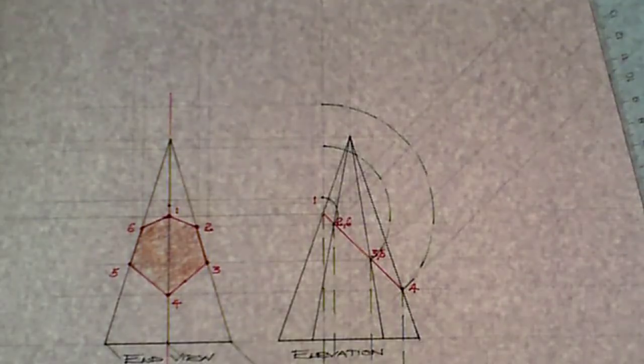Now if I put that in as a grid, again, simply using the green line here, bring the points across.